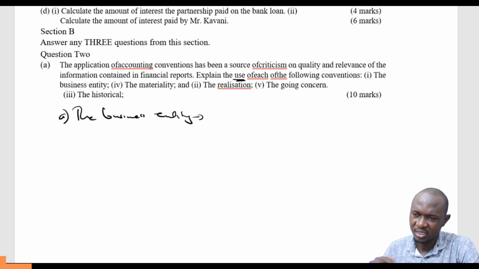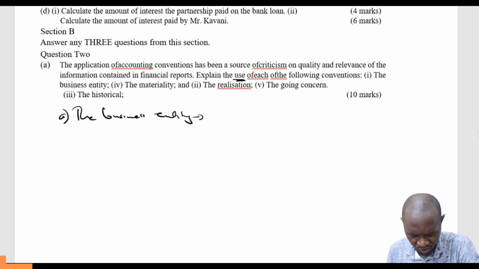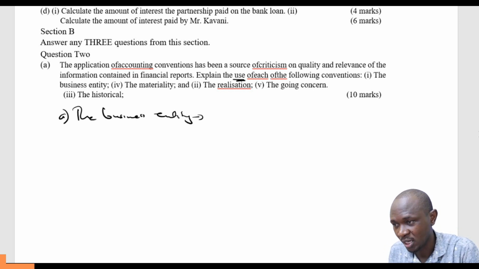The business entity is a convention. A convention is a belief that enables accounting as one of the branches of business subject.